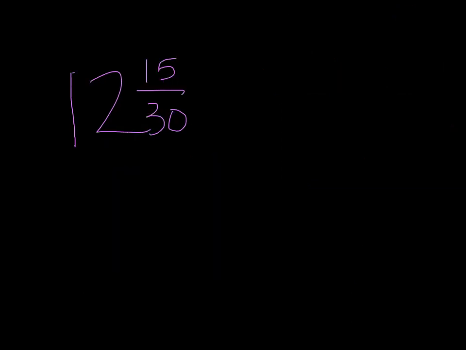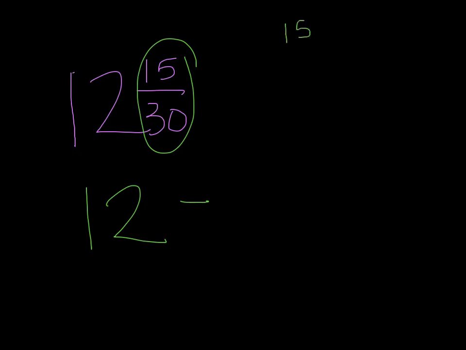Here's another example of a mixed number that has a regular fraction. So 12 15/30. So it has a regular fraction, so we're going to focus on that fraction. Our answer is still going to have the 12 in it. So let's figure out what our fraction is going to be. So we're going to do our factor trees for 15 and 30.